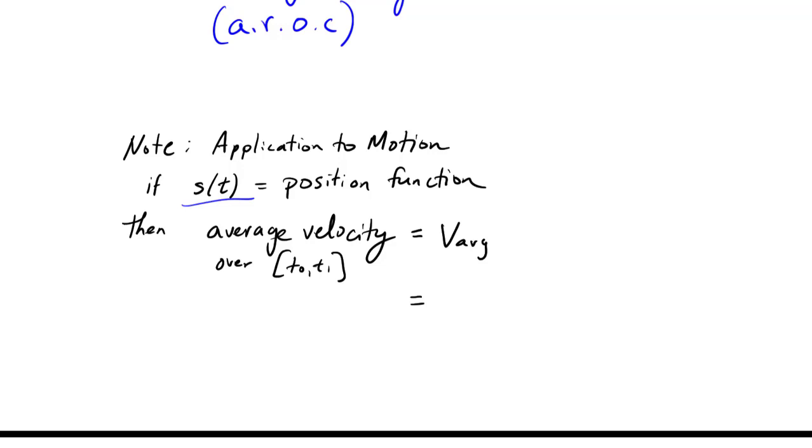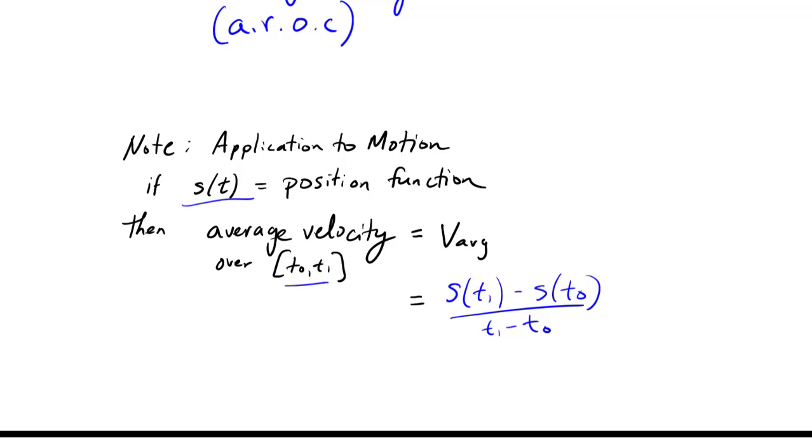And your average velocity would be your average rate of change. So your average velocity over some time span, t0 to t1, would be v average, or in other words, something like s of t1 minus s of t0 over t1 minus t0. That would be your average rate of change. We could also write that denominator as delta t, but it doesn't really matter.